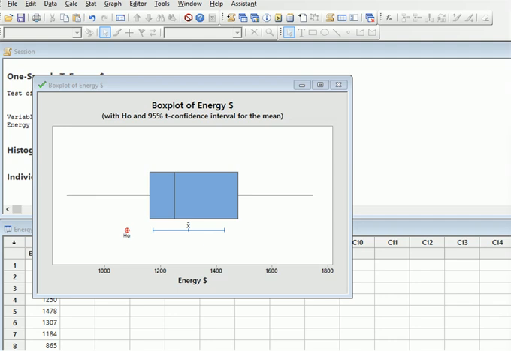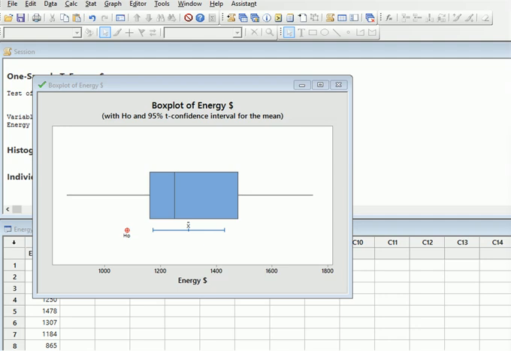The 95% confidence interval for the mean also indicates that your mean is greater than 1080. Since your null value lies outside the confidence interval, we can say with 95% confidence that the true mean is not equal to 1080, or you can say that the chance of finding this sample is very small if the mean were 1080.